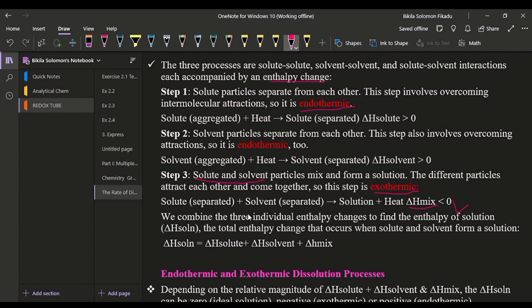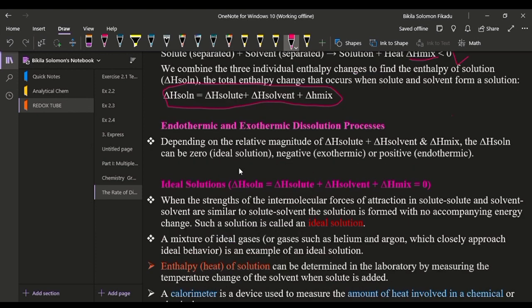So we combine the three individual enthalpy changes to find the enthalpy of solution. So change of enthalpy of solution equals change of enthalpy of solid plus change of enthalpy of solvent plus change of enthalpy of mix. The other topic is endothermic and exothermic dissolution processes.